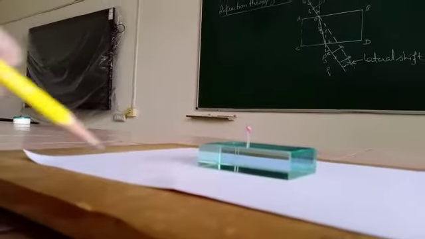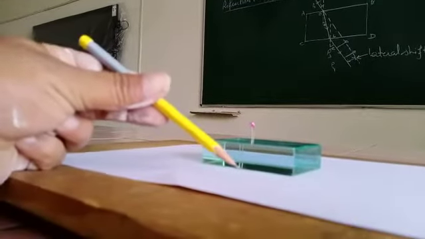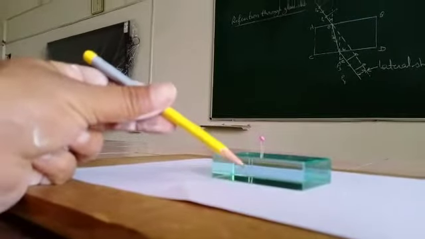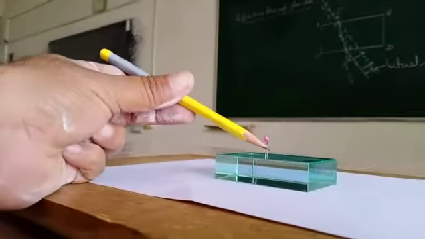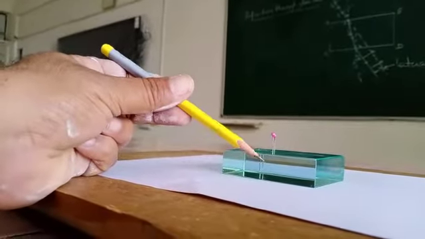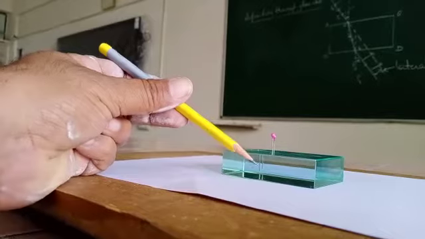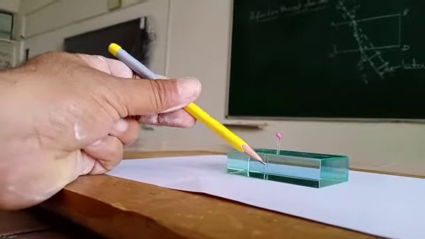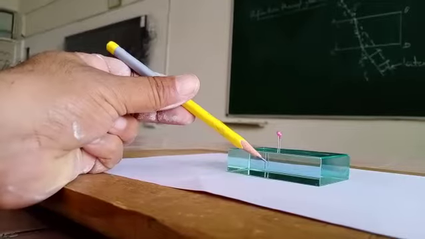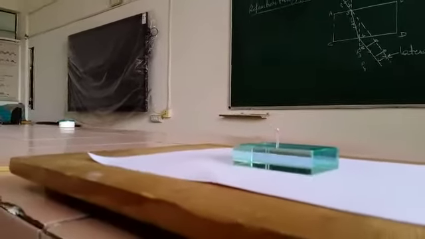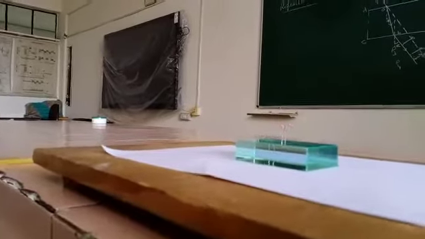Now you can see these are the legs, and this is the top part. For the top part there is no refraction, but for the leg parts there is refraction. Now what you need to do, you have to coincide these 2 legs. So I am trying to coincide these 2 legs.